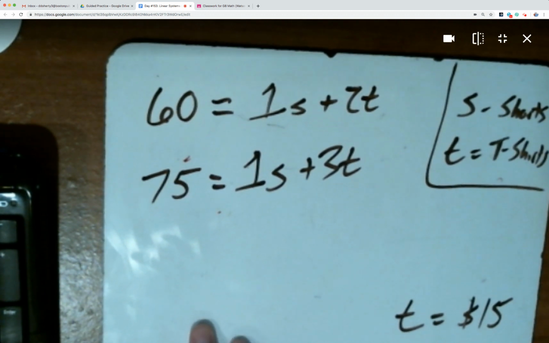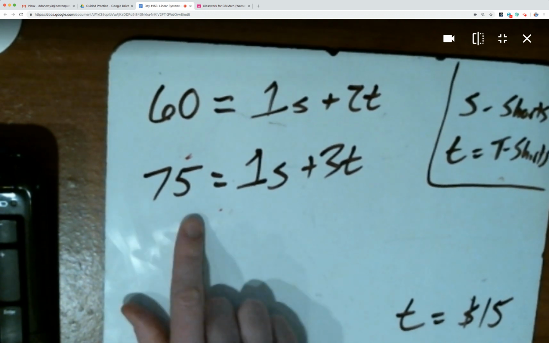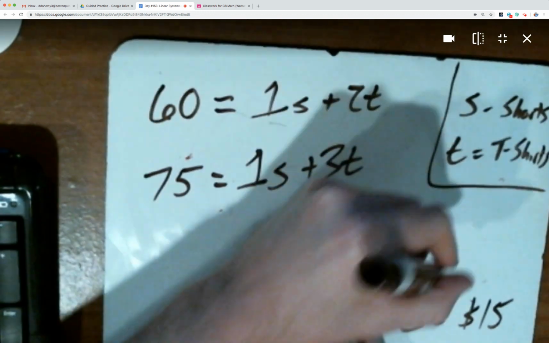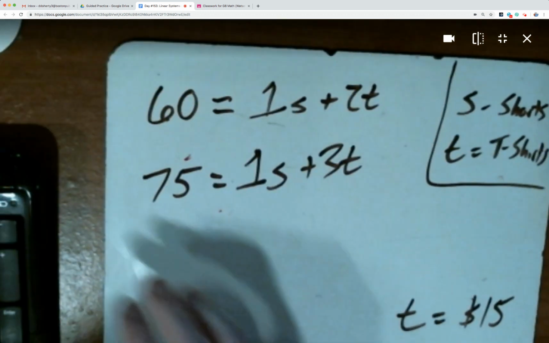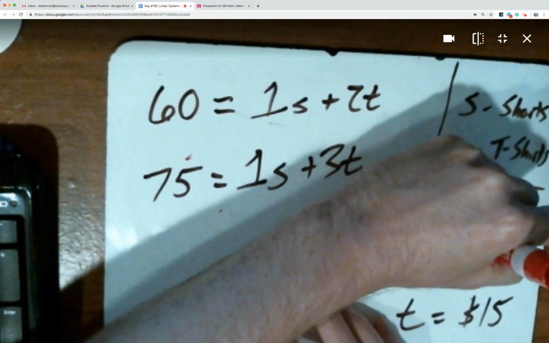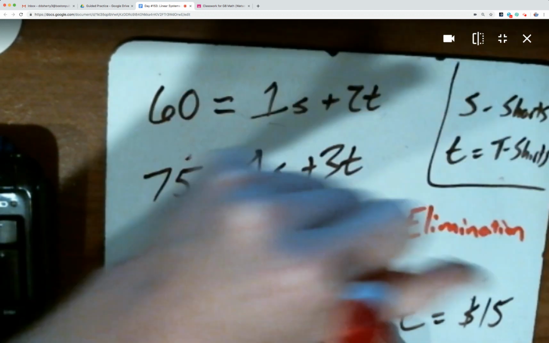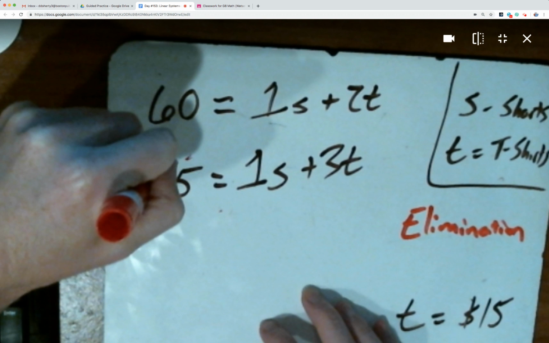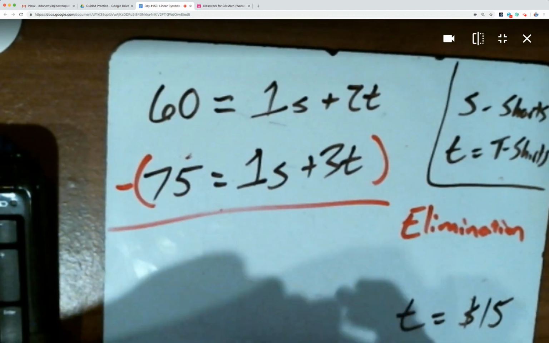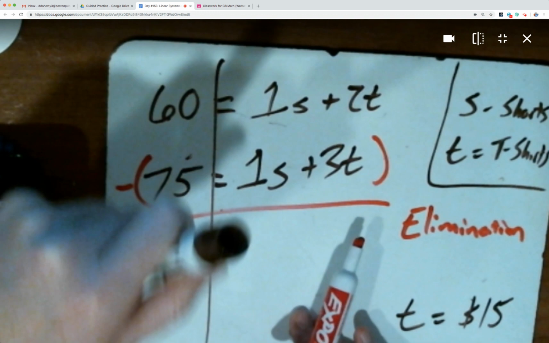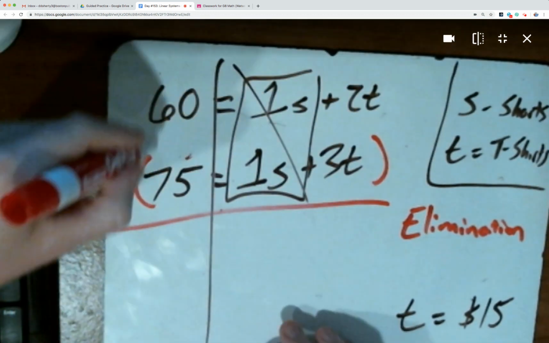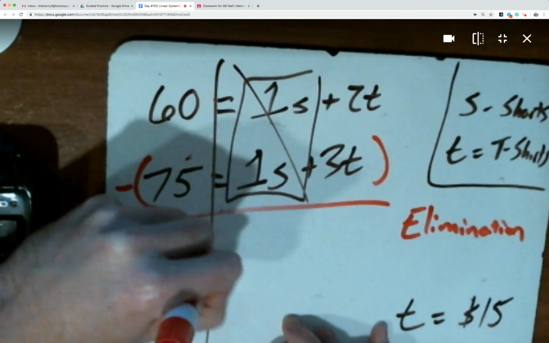Others might think about using algebra to solve this linear system. If I see the S is the same in both equations, I would use elimination. That's what we'll show you here. Elimination might be another method you could use instead of inspection. If I subtract this entire bottom equation from the top one, 1S minus 1S is going to cancel itself out. 60 minus 75 would give us negative 15.